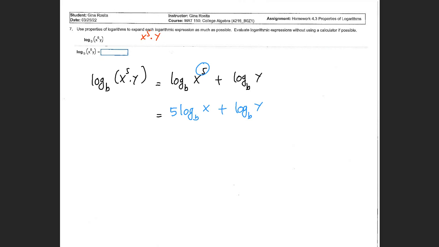Now go to number 8. This is a quotient. Remember, quotient means minus.